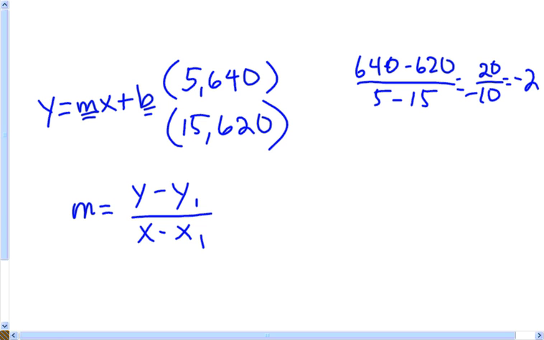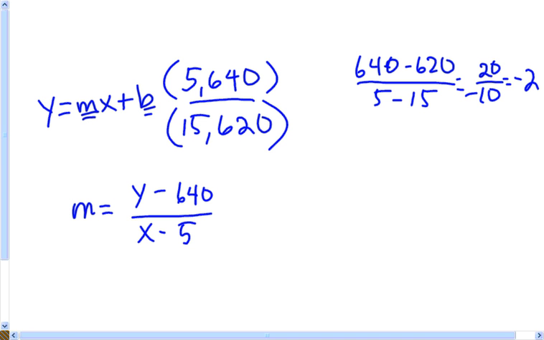If you look closely at this formula, we have an x and a y variable here. And just think if I took one of the points I have from this balloon problem and put them in here for x and y. So I'll just take this first one here: y minus 640, because that's the y value, and x minus 5, like that.